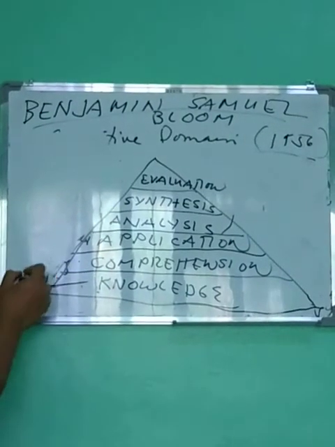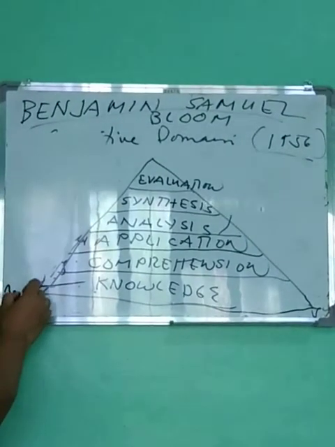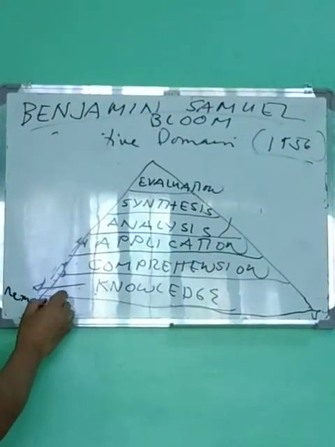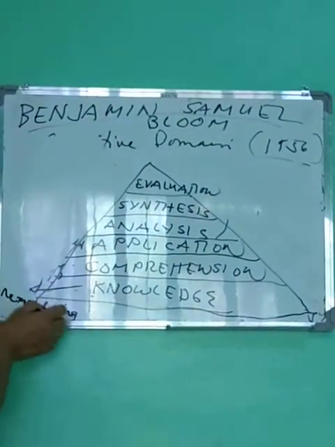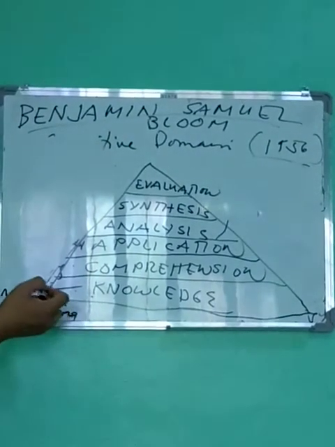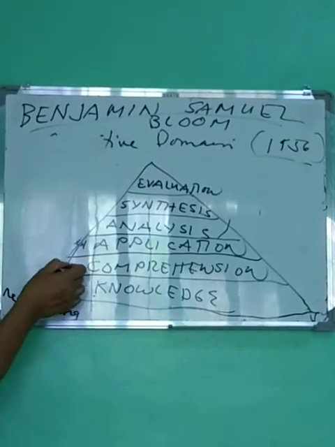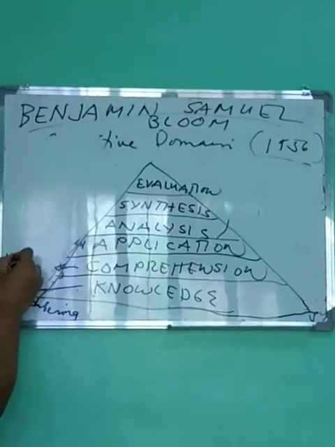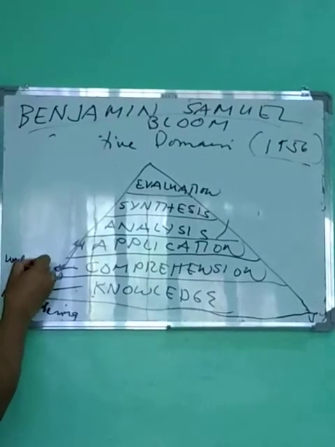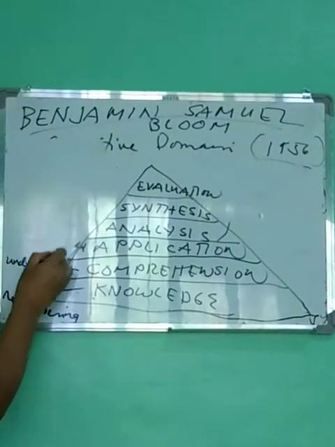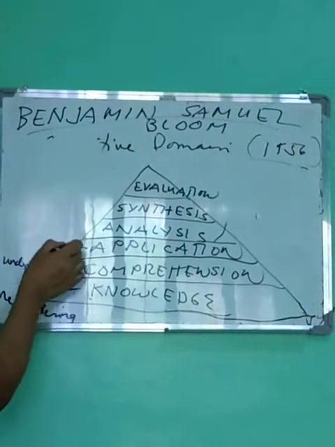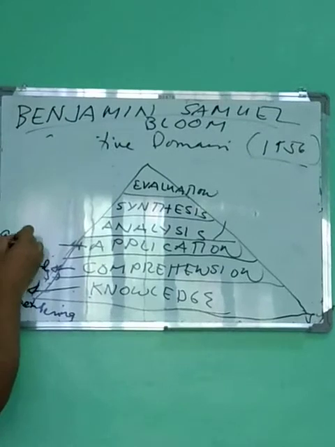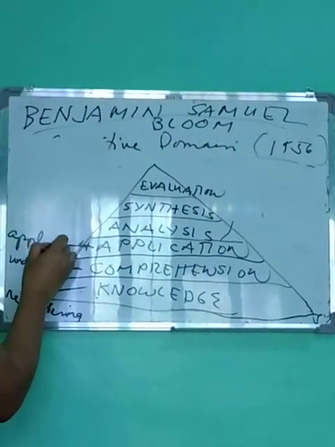This one, knowledge, would be remembering. This is now the revised Bloom's taxonomy. Knowledge should now be remembering. This one, comprehension, would now be understanding. Remembering, understanding. This one would obviously be applying.